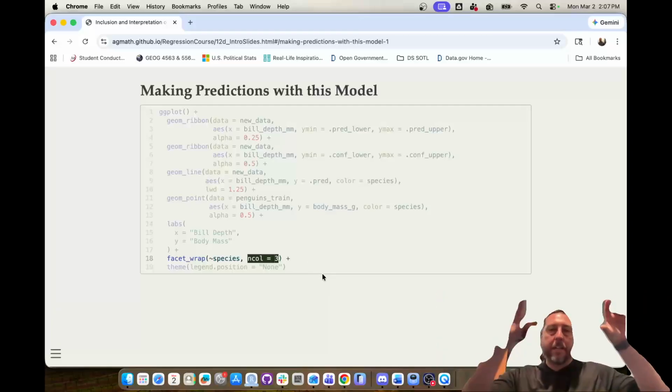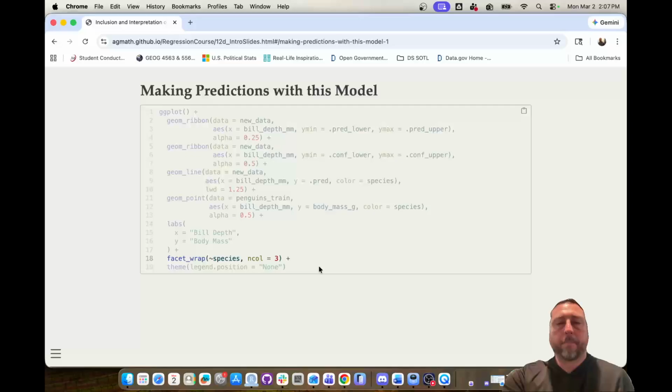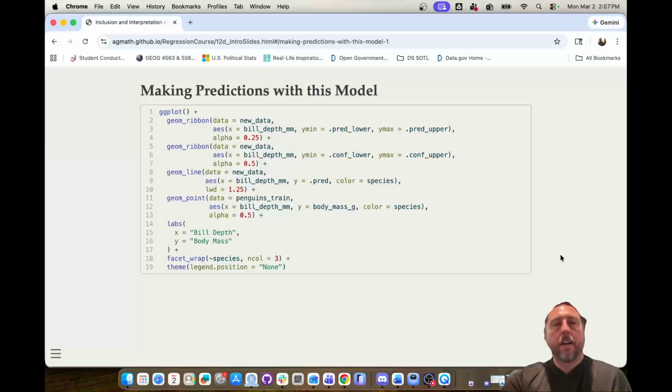So I want each species side by side here. And then because I'm coloring by species in the plot, I'm by default going to get a legend, and I don't want that legend. So I'm just going to suppress it here by setting the legend position to none. Again, this is largely something that you can copy paste and adapt. You won't always be dealing with bill depth or with body mass. So there are some things that you'll have to change.